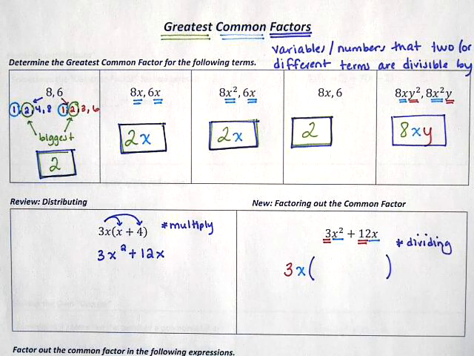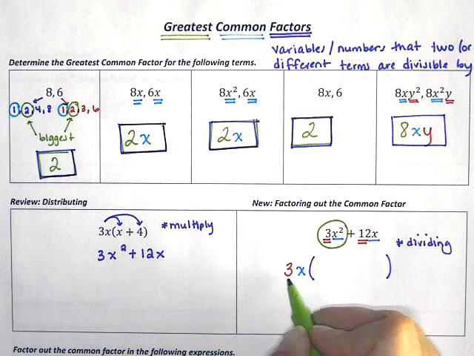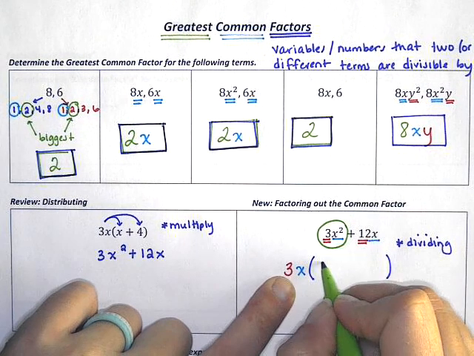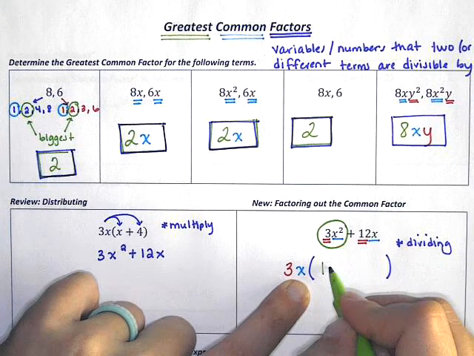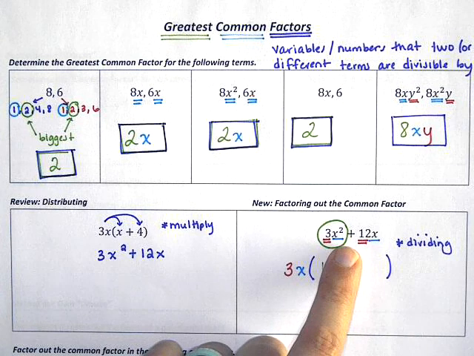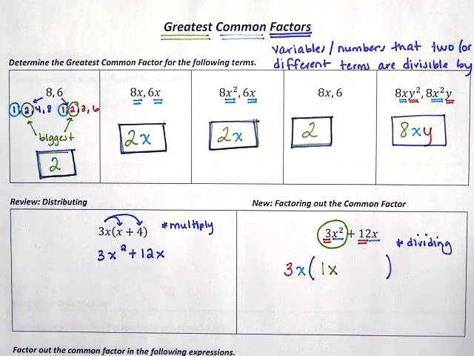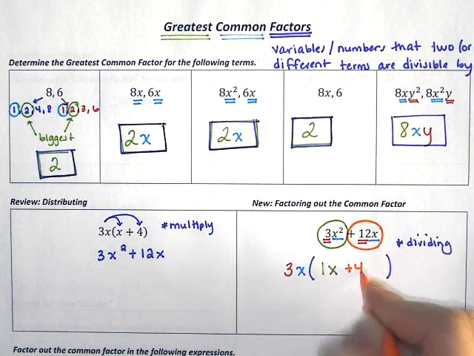So 3, we're going to do one term at a time. 3 divided by 3 would be 1. X squared divided by x would just be x. We're taking out one of the x's. So since he had 2, there's 1 left over. Then 12 divided by 3 would be 4.